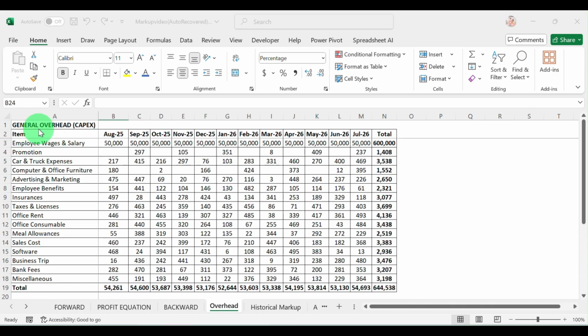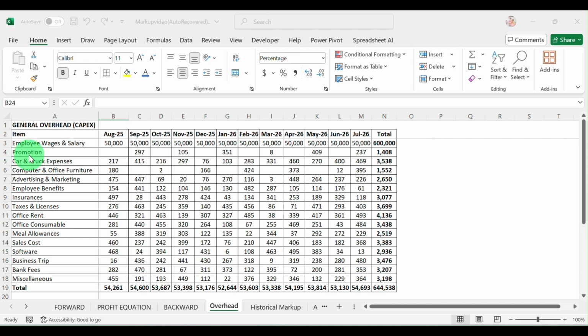So in the general overhead, they give us many items. For example, employee wages and salary is prorated equally for every month, and total is 600,000.